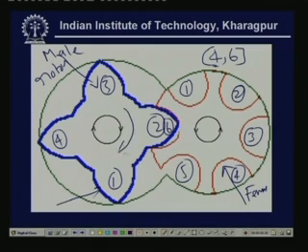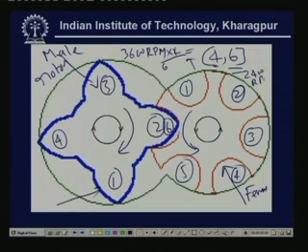So it rotates in this direction, and as it rotates in this direction, the female rotor will be rotating in this direction. Since this is a 4-6 combination, when the male rotor has a speed of 3600 rpm, the female one will have 3600 rpm times 4 by 6, that means 2400 rpm.